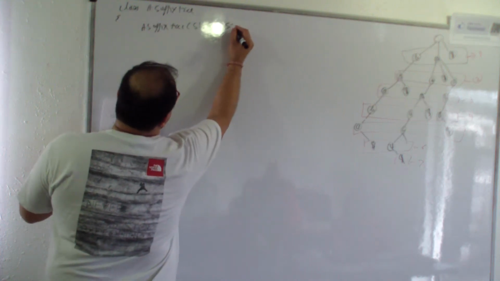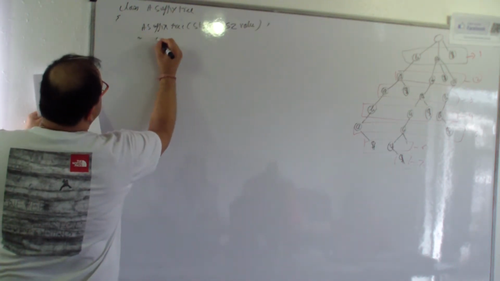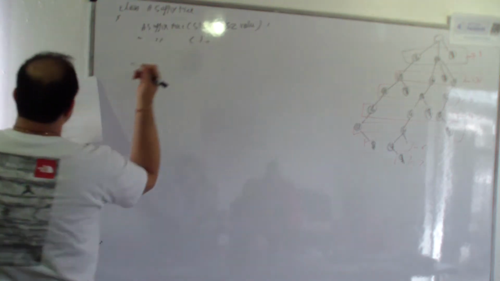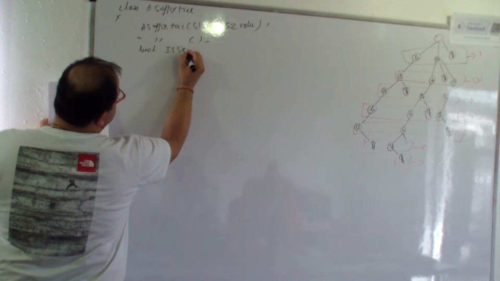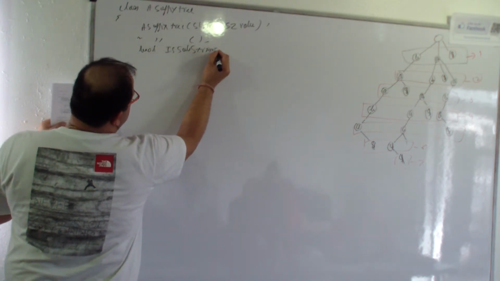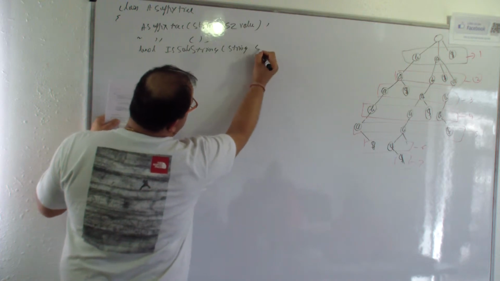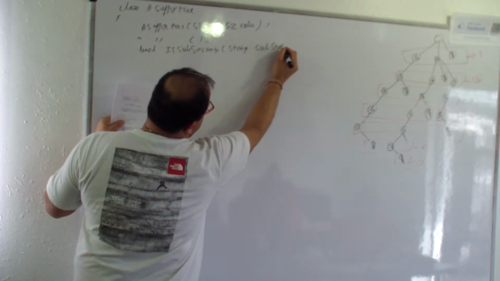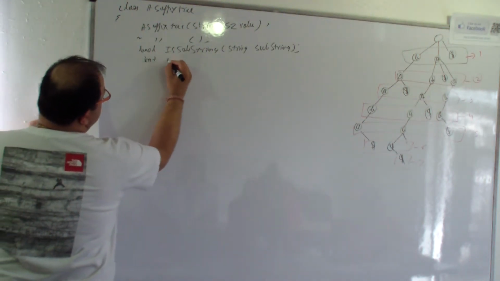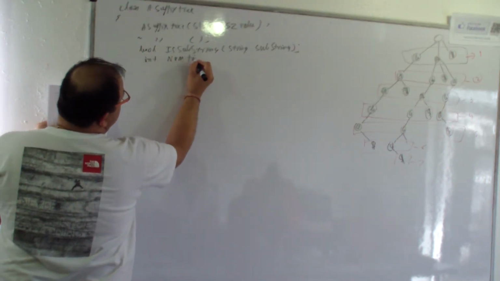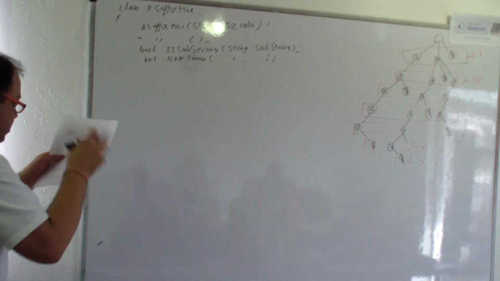So a string value. Tilde suffix tree, that is a destructor. Boolean is substring, string substring, and integer number of times. I haven't implemented these functions, but we'll see.